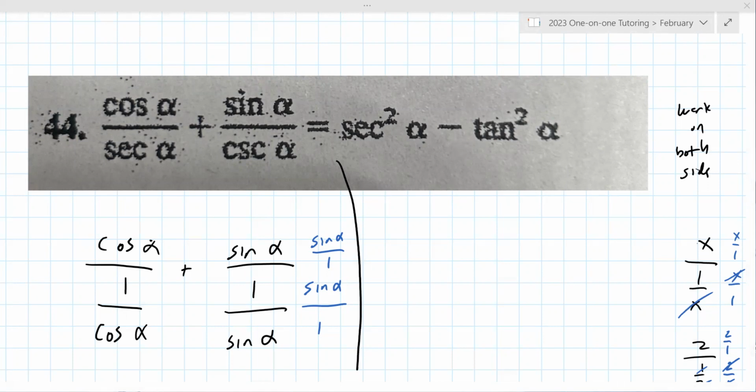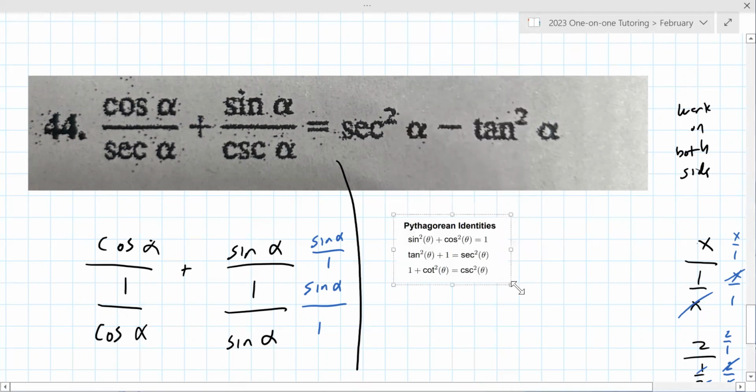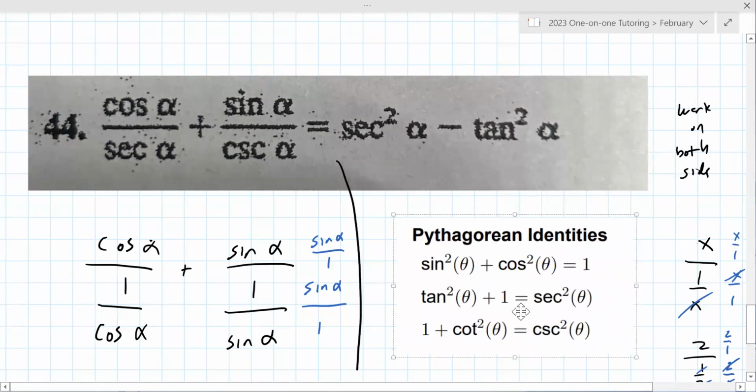Secant squared. So we're looking at these now. Oh, they equal each other. So tangent squared theta plus 1 equals secant squared theta.